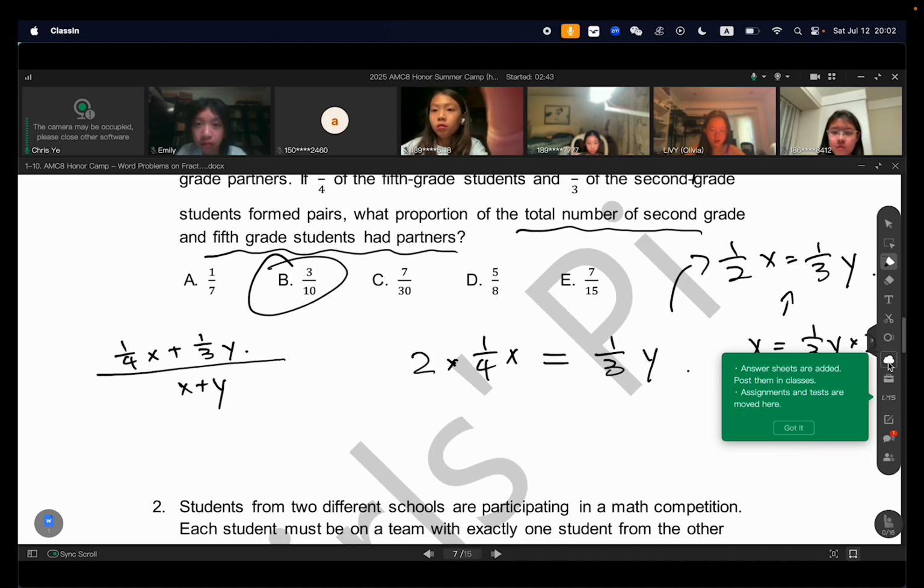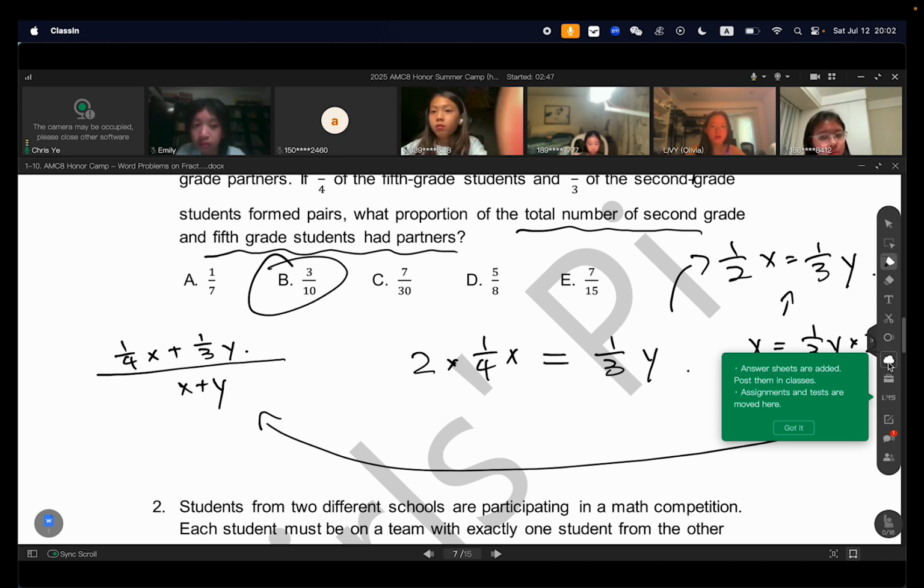And by substituting it back into the equation, we have 1/4 times 2/3, which is 1/6. So 1/6 y plus 1/3 y over x plus y.